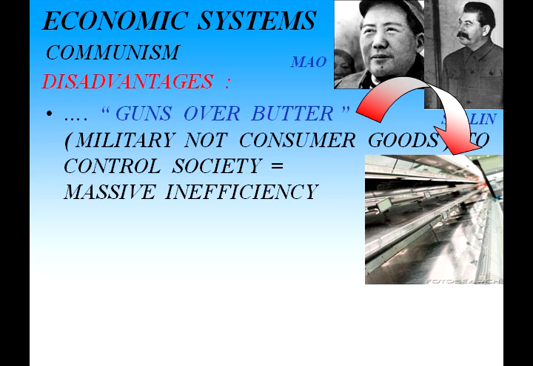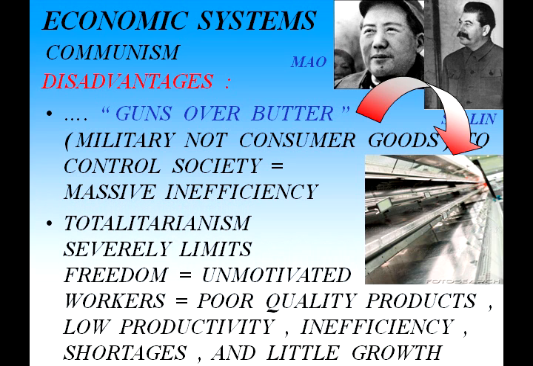And this leads to massive inefficiency. This picture that you see here of a supermarket with empty shelves on it is an actual photograph from a food store in the Soviet Union just prior to its collapse in the early 1990s.